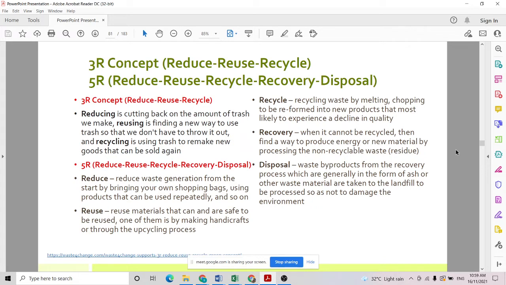By using a trolley you can reduce the plastic bags, and that we call reducing. That trolley can also be reused again. It's not use and throw. Reusing also helps recycling, because you can reuse it over and over until your trolley is in bad condition. So that is what is meant by reduce, reuse, and recycle.